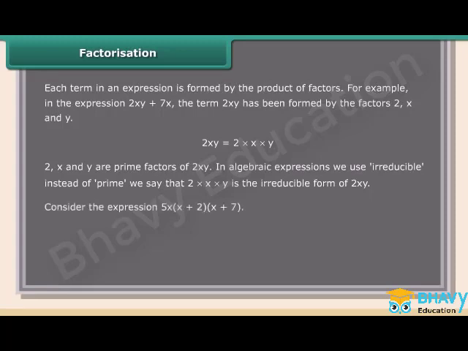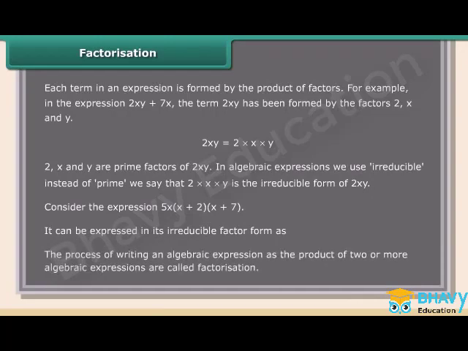Consider the expression 5x into x plus 2 into x plus 7. It can be expressed in its irreducible factor form as the process of writing the algebraic expression as the product of two or more algebraic expressions is called factorization.